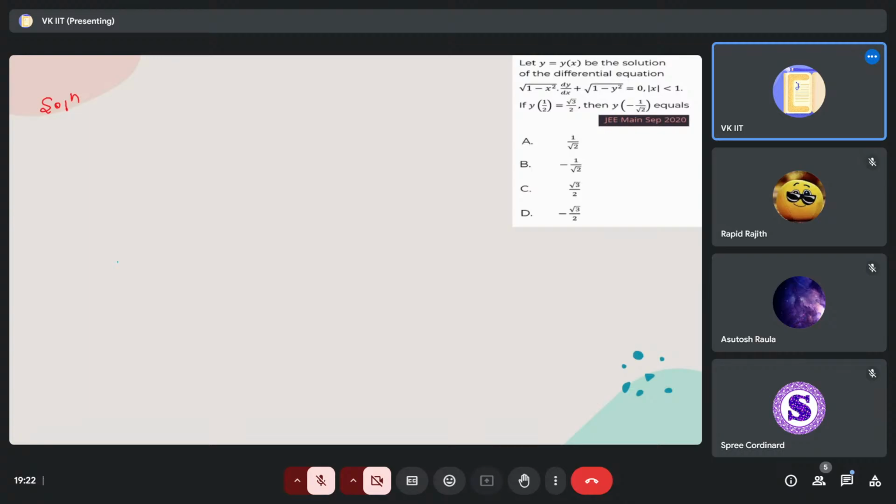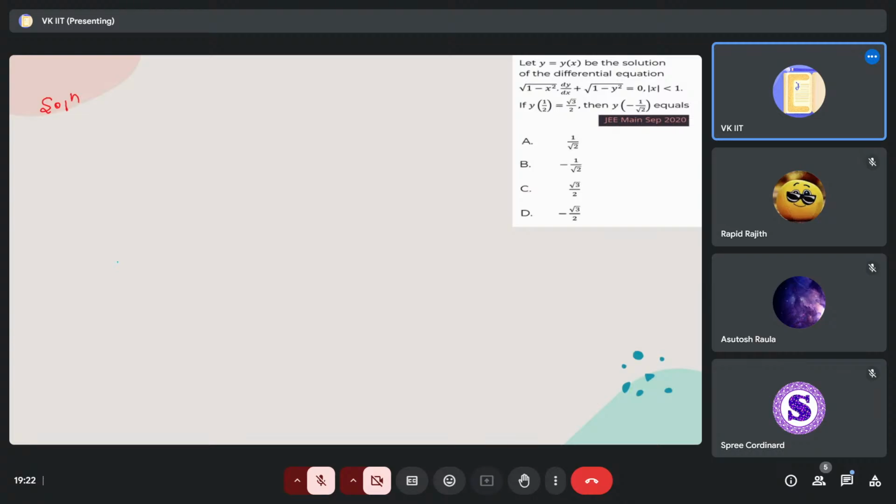So in this case, the equation is given like this: under root of 1 minus x square dy by dx plus under root of 1 minus y square is equal to 0, in which mod of x is less than 1. The condition is given at y of 1 by 2, the value is root 3 by 2. And then they are asking y at minus 1 by root 2.